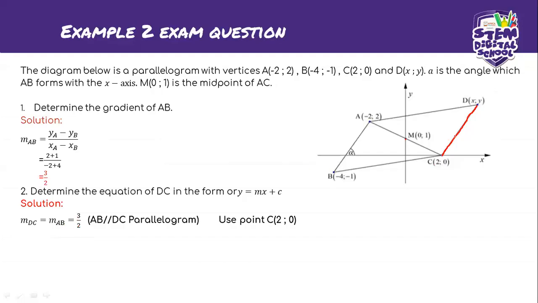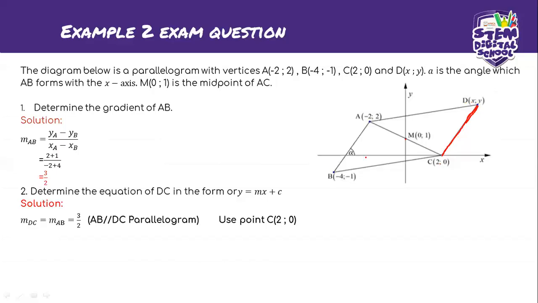If we check on this line here, we have point C given, which is (2, 0). Now, point D, we don't have coordinates, right? Meaning it's not possible for us to calculate the gradient of this line. But now, where will we get the gradient?